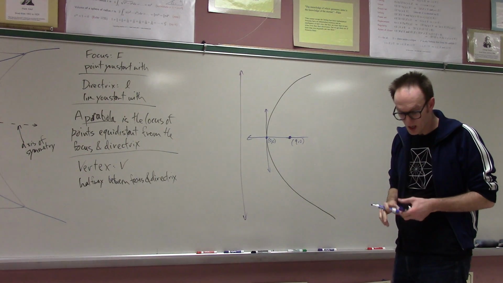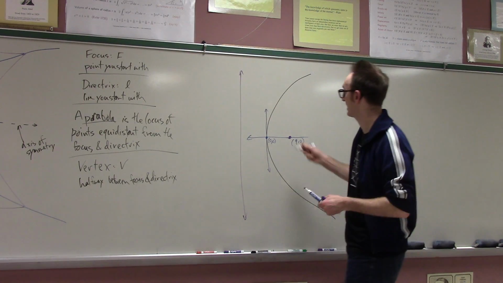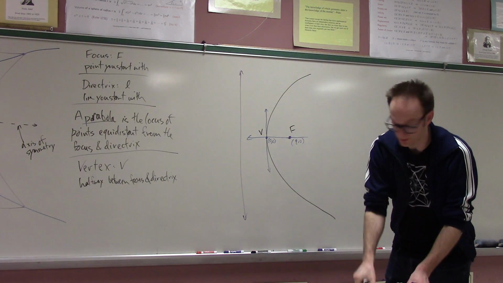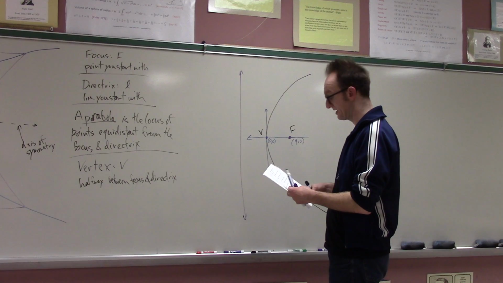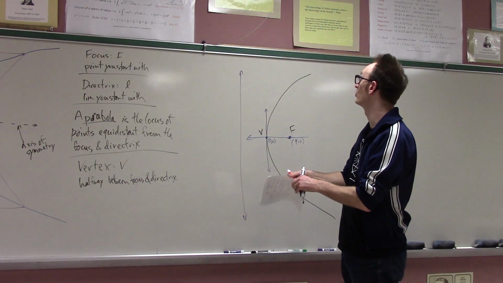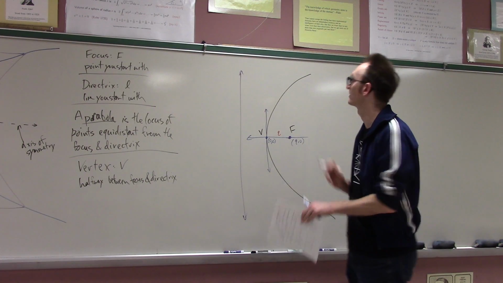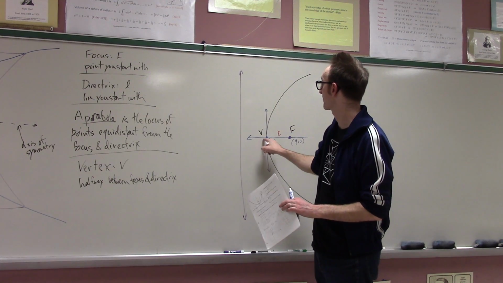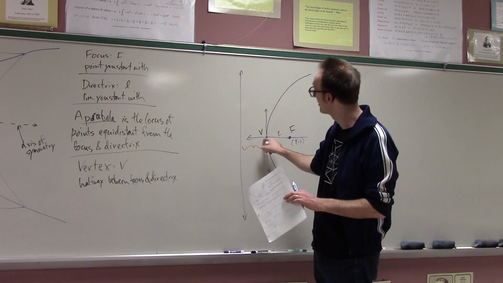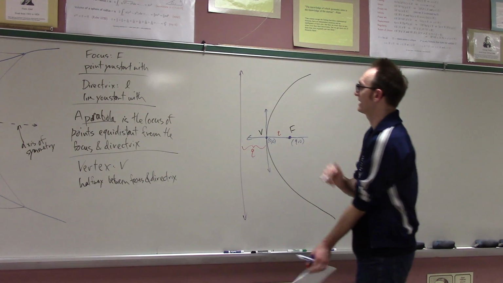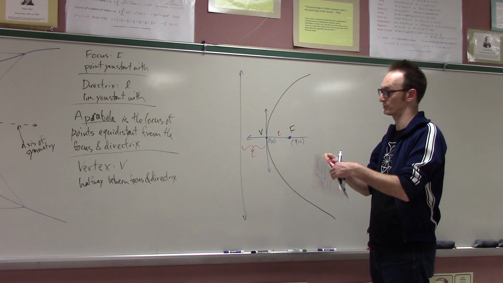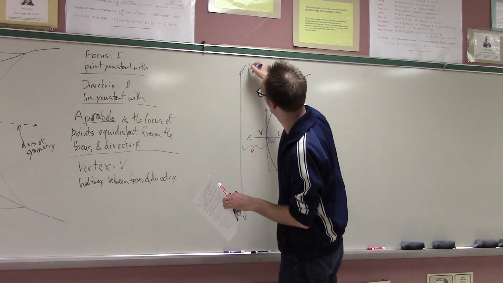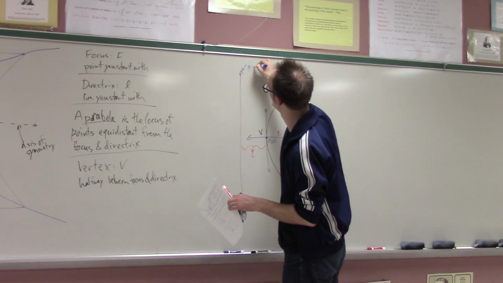On the packet I called this point V, this point F. Well, first of all, if this distance here is Q between the vertex and the focus, then it must also be the case that the distance from the vertex to the directrix is Q, because the vertex is halfway in between the focus and directrix. And if this is my origin, then that makes the equation of this directrix x equals negative Q.